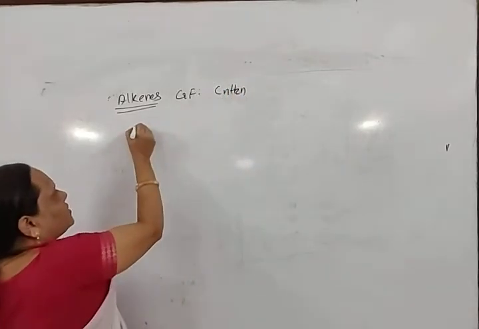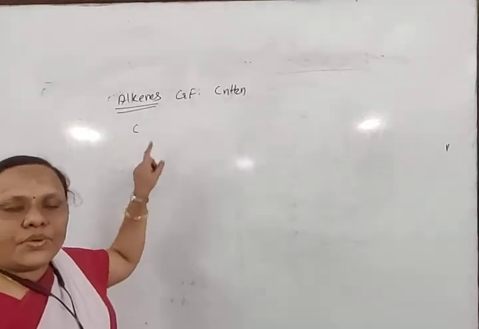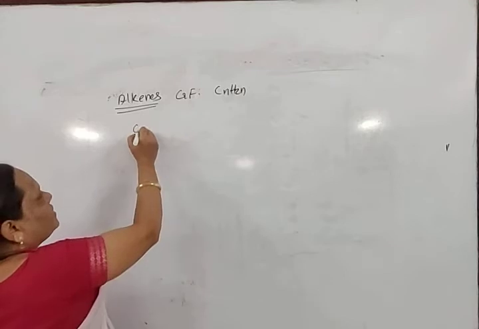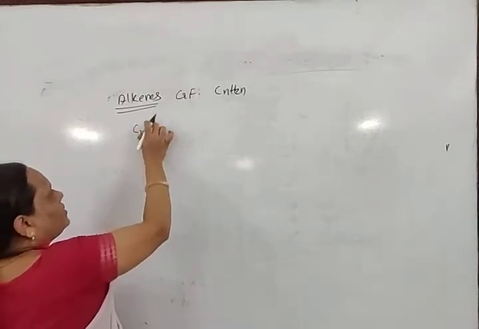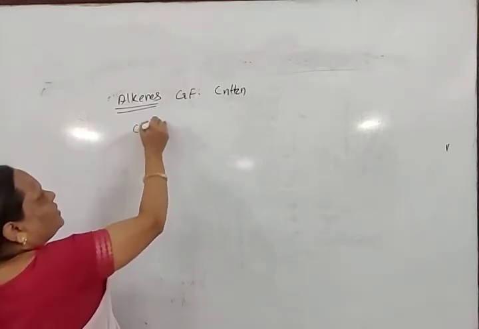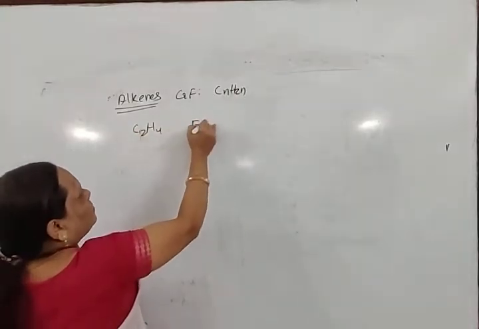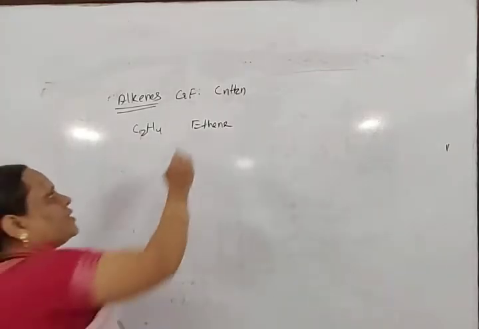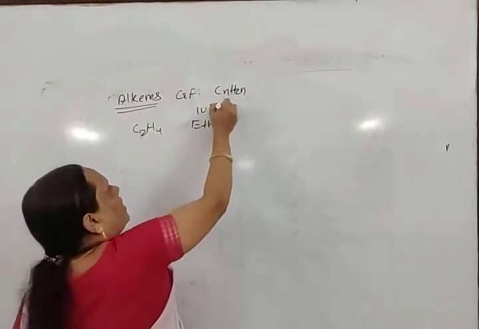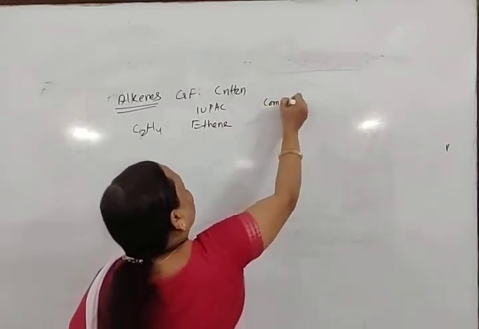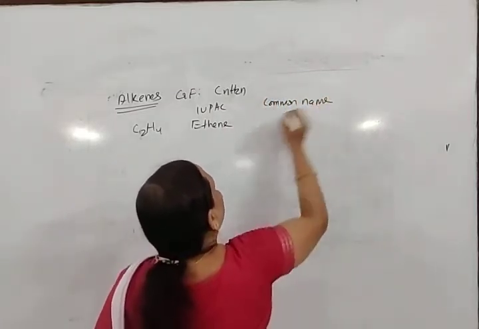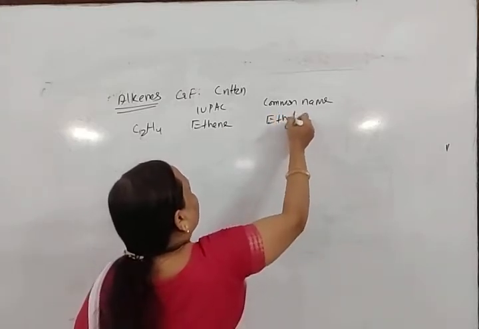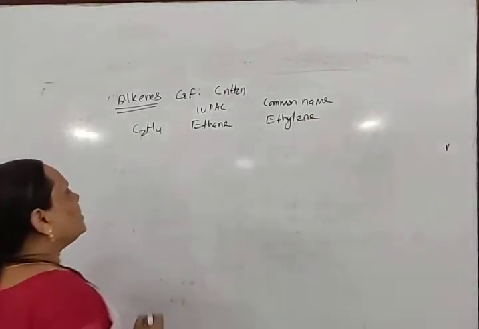The starting compound contains a minimum of 2 carbon atoms; with 1 carbon atom, no alkene is possible. C2H4 is known as ethene, which is its IUPAC name, and the common name is ethylene.